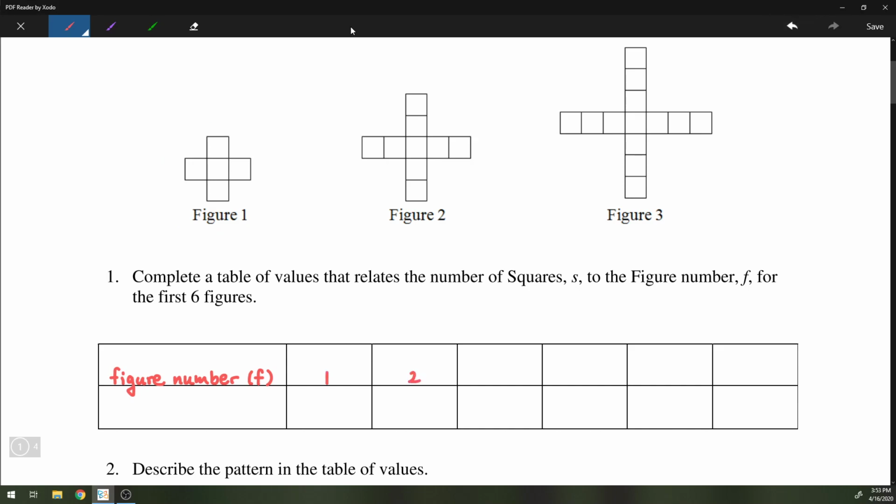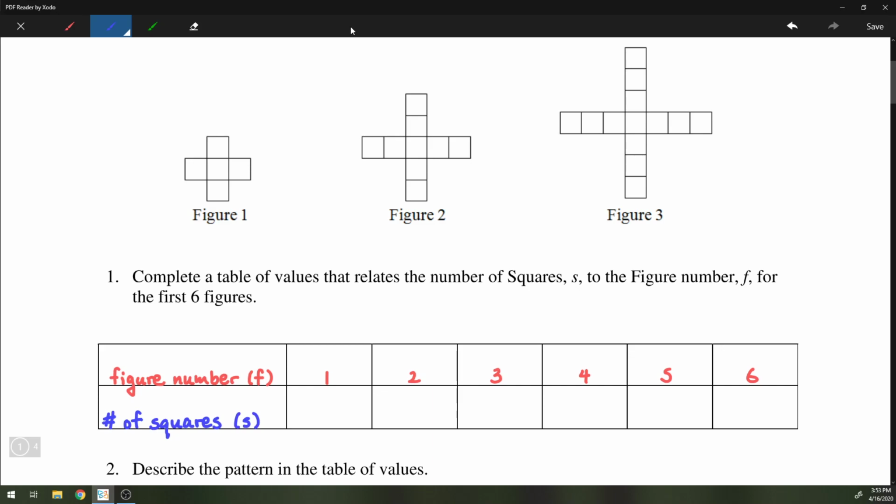So 1, 2, 3, 4, 5, and 6. Now, if the number of squares is the dependent variable, as you can see, the number of squares depends on the figure number. And we will call that variable s.